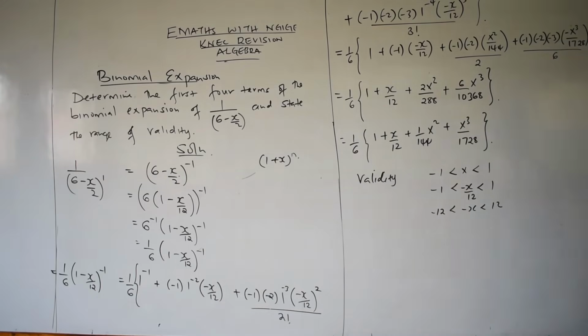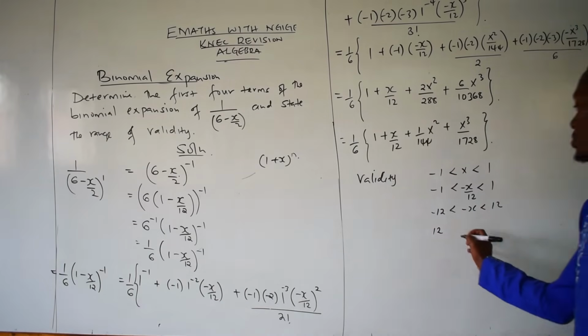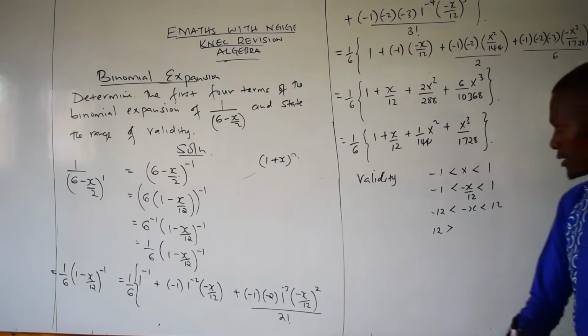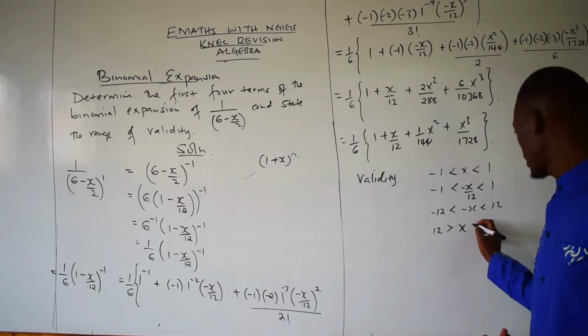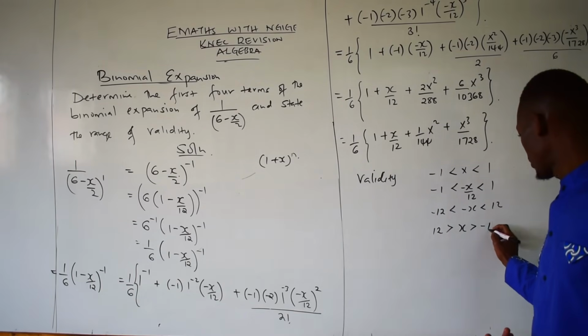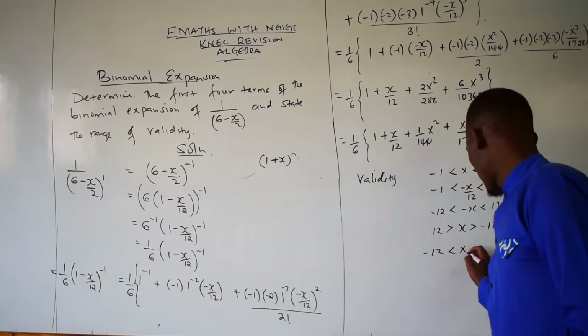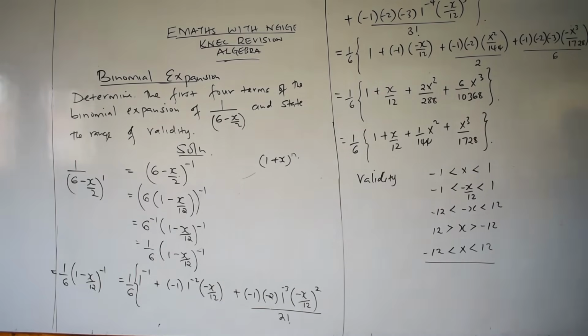Then divide all sides by -1. Then inequalities change: if you divide or multiply by a negative, then you change the inequality. So this one changes to become greater than x, and this one also changes, becomes negative of 12. Now arranging that, it's negative 12, x, then 12. So our range in which that function is valid is between -12 and 12.